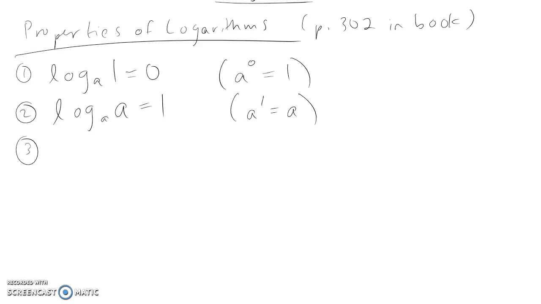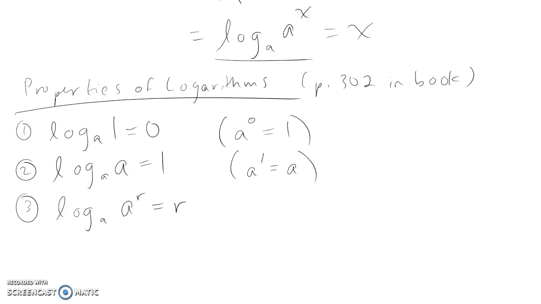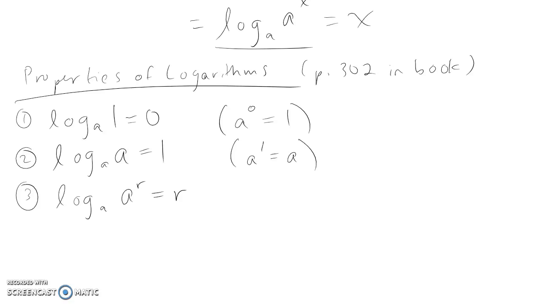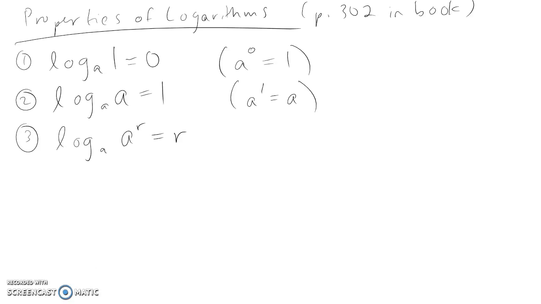The third property says that log base a of a to the r is equal to r. That is what we just showed, because we're composing the logarithm with its inverse function, the exponent. So composing inverse functions is the reason for this.